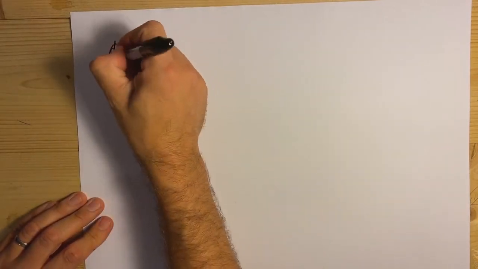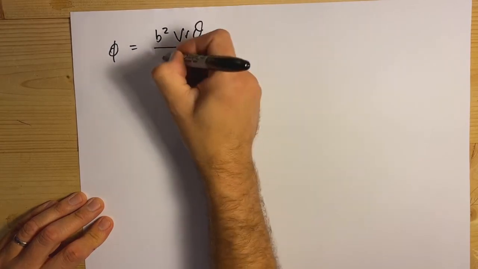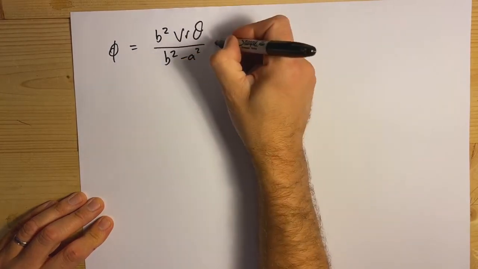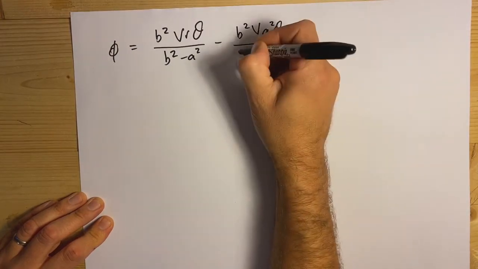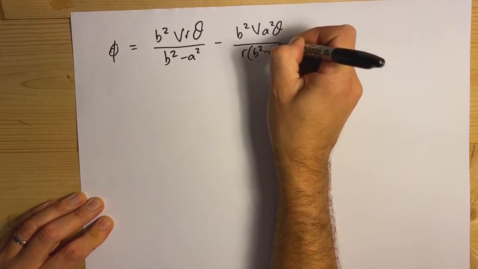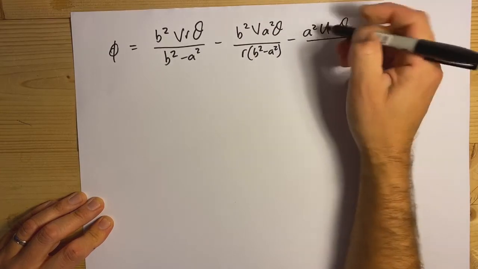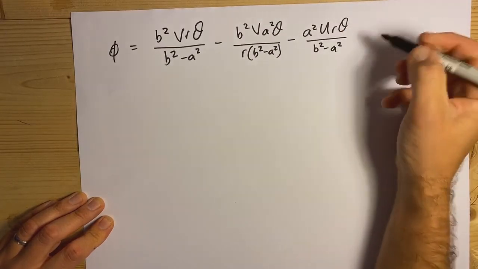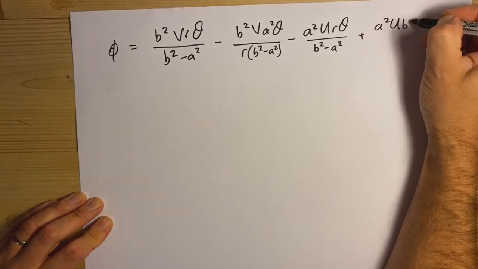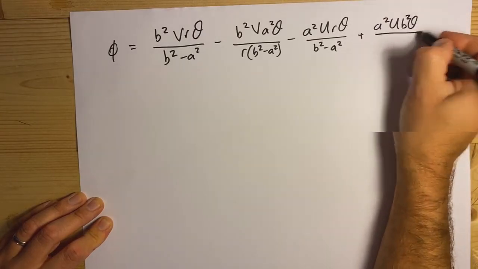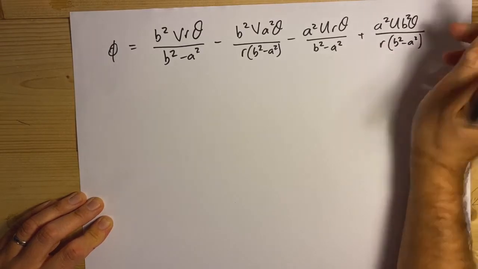So this starts off as phi equals b squared VR theta over b squared minus a squared, minus b squared V a squared theta over r b squared minus a squared, minus a squared u r theta over b squared minus a squared, plus a squared u b squared theta, all over r b squared minus a squared.